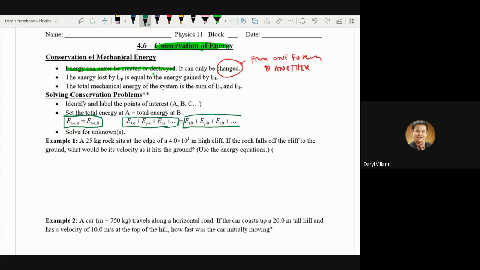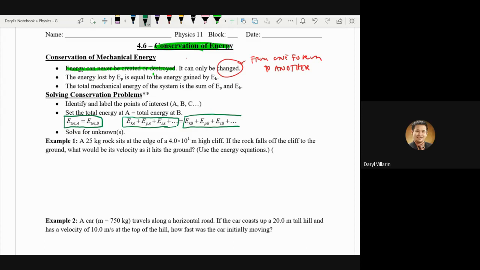Okay, so you're being asked there to use the energy equations, because you can actually also use the kinematic equation if everything is given or the right quantities are given. Okay, so you use the energy equations.